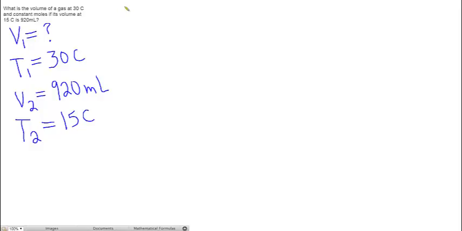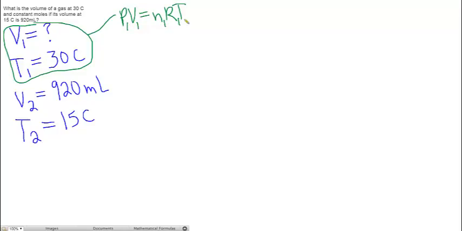Now, again, you could identify this as Charles' law, but that really doesn't matter to solve the problem. We have our first group of information, and we're going to assign our PV equals nRT, the ideal gas law, to this one. So this will be 1, 1, 1, 1, 1.